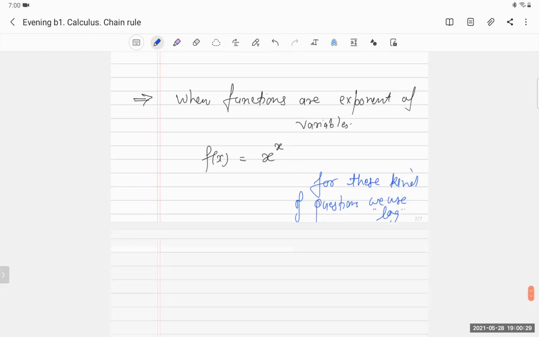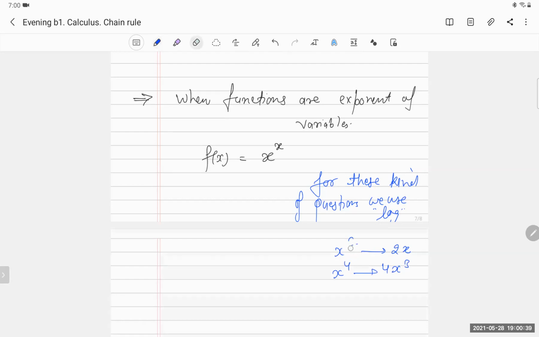So suppose कहीं पे ऐसा होता है x square, तो I can write it 2x. अगर x की power 4 होता तो I can write it 4x cube. But here x raised to x, my exponent is also variable and I don't have any formula for that, because I have told you that if f(x) is x raised to n, then f dash is n into x raised to n minus 1, where n is a constant number, right?